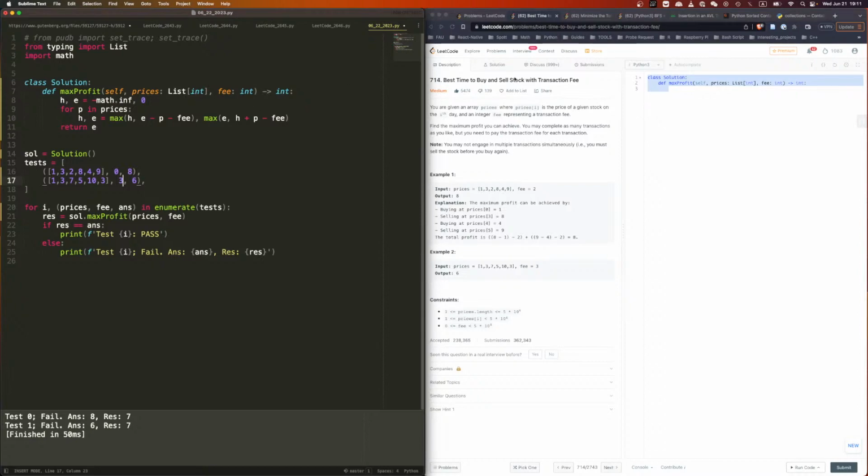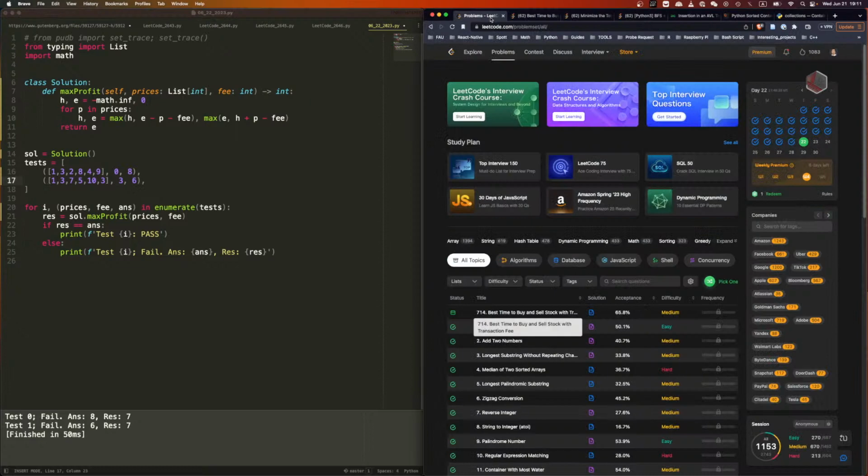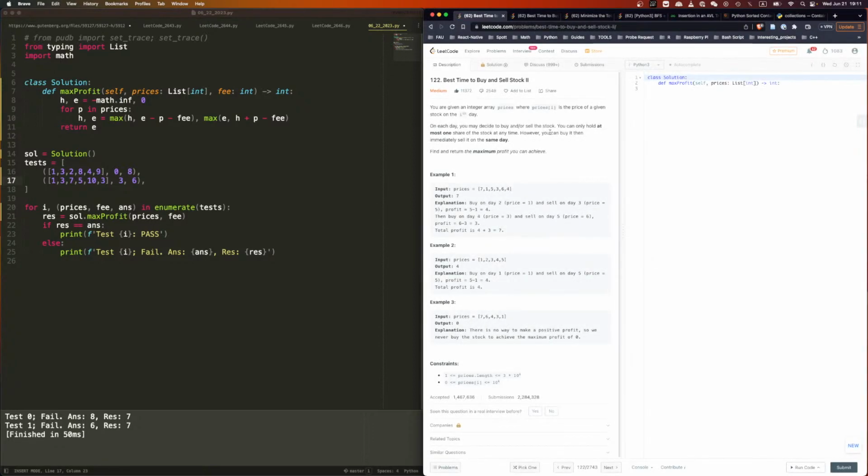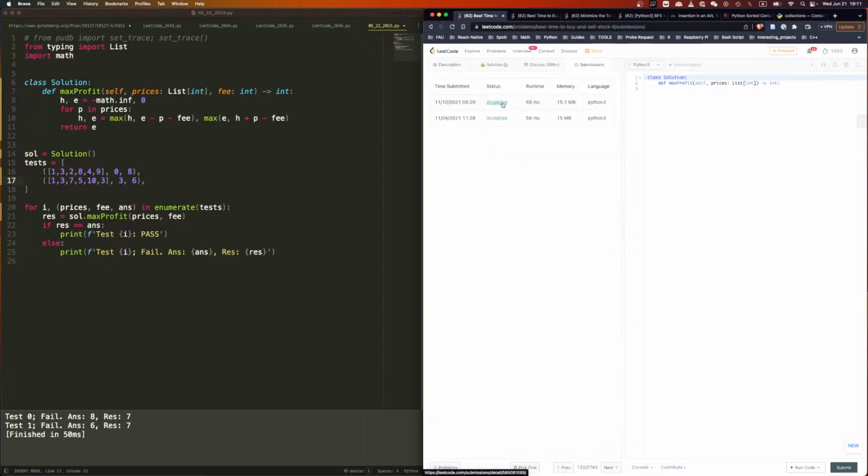Buy and sell. Shoot, I've done this so many times. Buy, sell. I think this is the one, unlimited number of times. Is this the one?